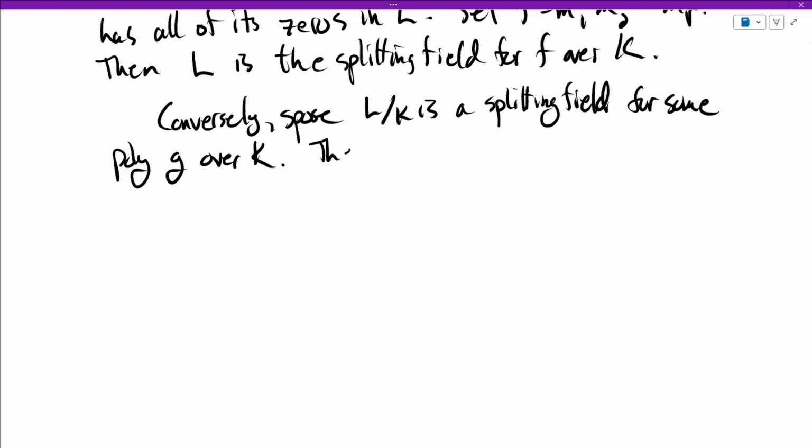Well, L over K is finite, certainly, because we add in finitely many algebraic elements, namely the roots of g. And whenever you do that, you get a finite extension. So we just need to show it's normal. I say just need, but that's the hard part.